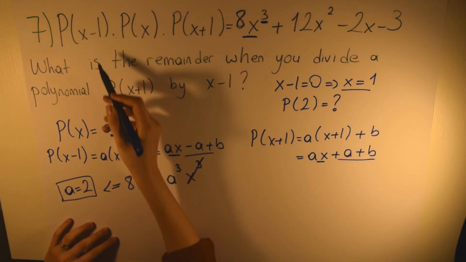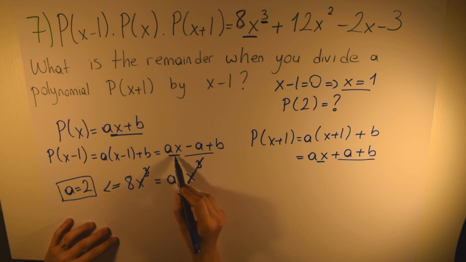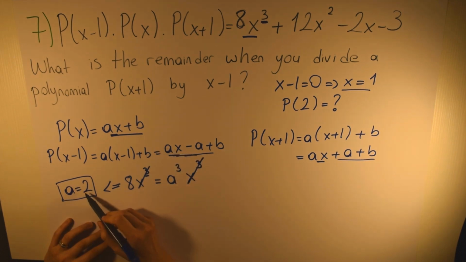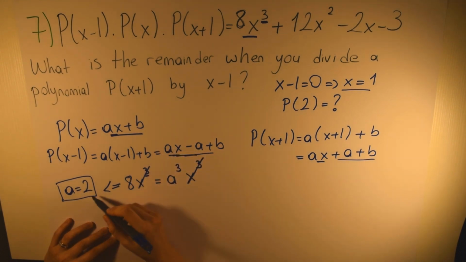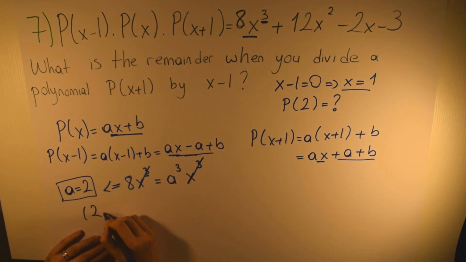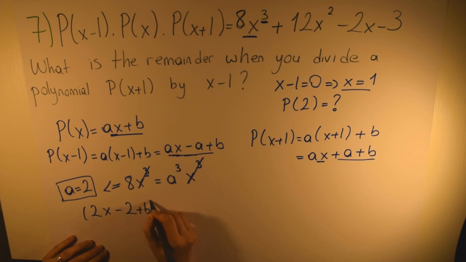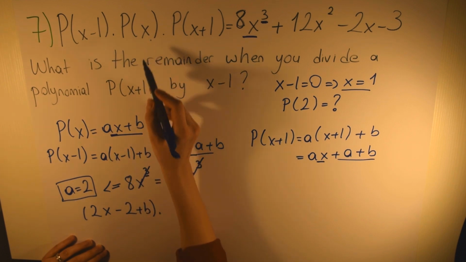When P(x minus 1), so we have P(x minus 1) here, this, right? We know a right now, it's 2. So here we have 2x minus 2 plus b, okay, times P(x).